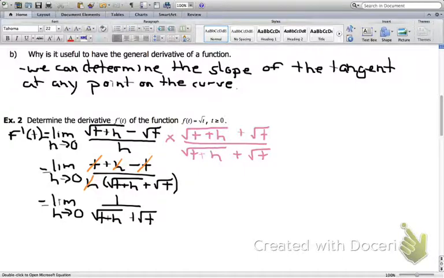Now when we sub in 0 for that h value, we're going to be left with 1 over 2 root t. And that is our derivative, f prime of t.